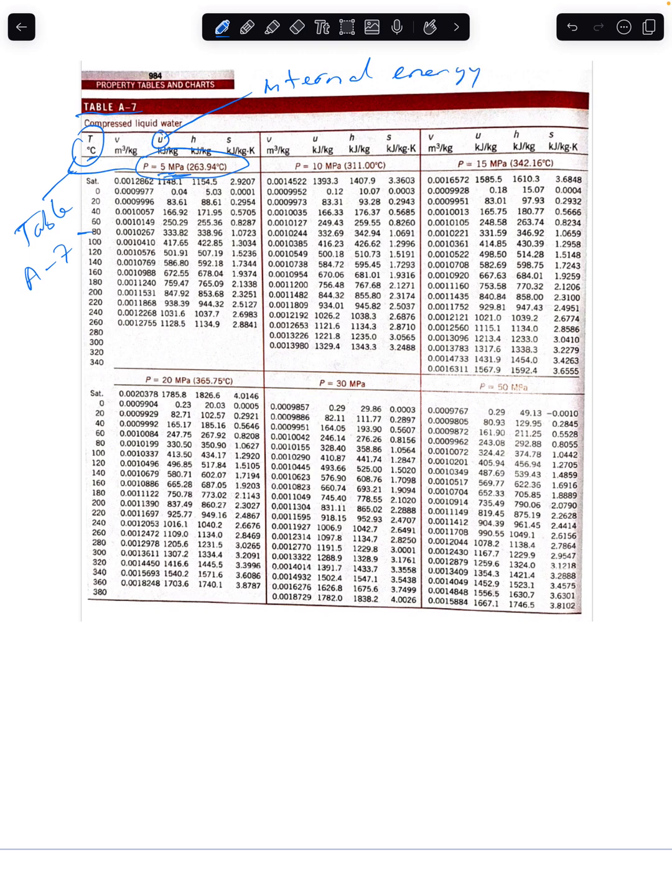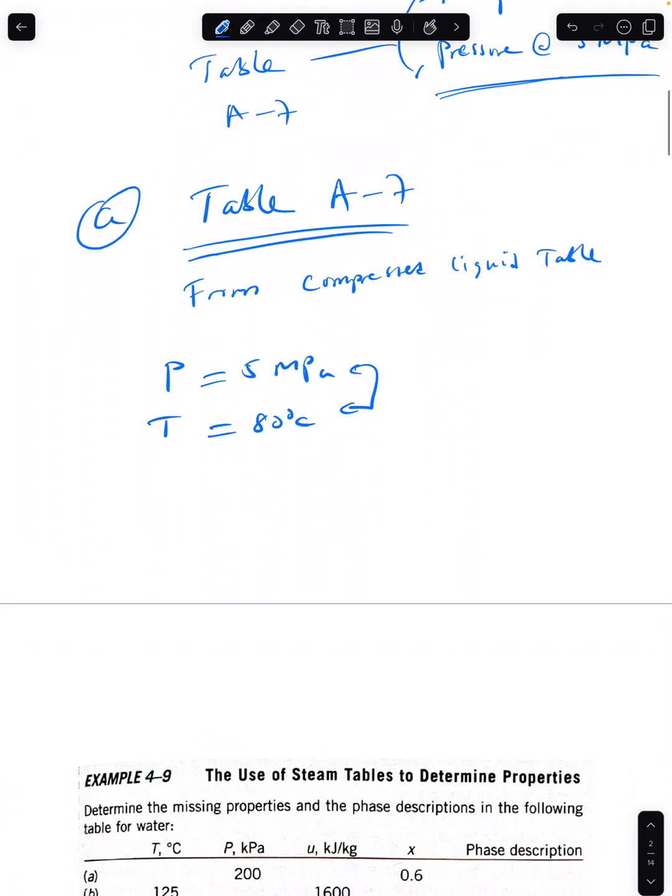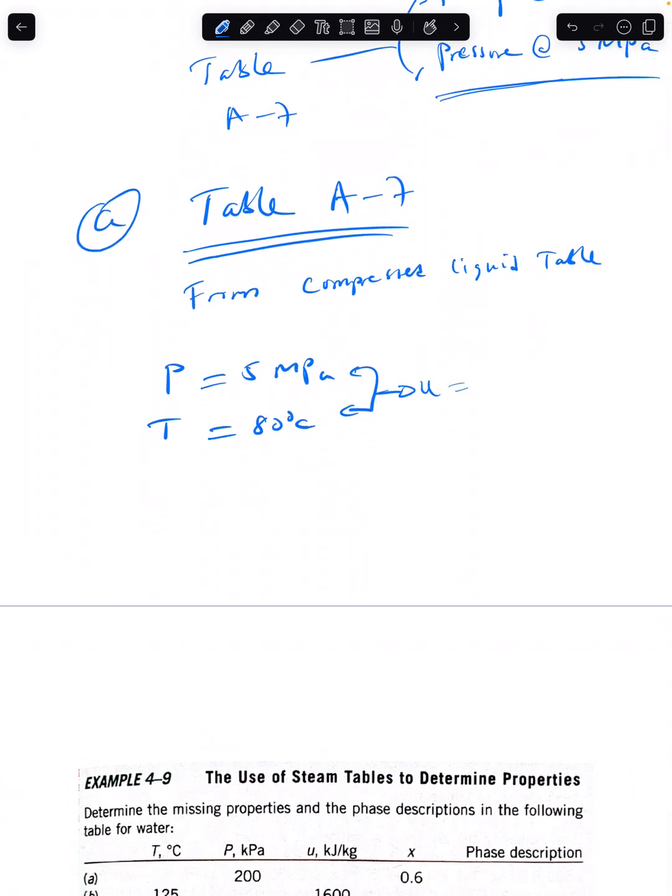The value is U equals 333.82, and the unit is kilojoules per kilogram. Please always write the unit. If you don't write the unit, you are going to fail completely.